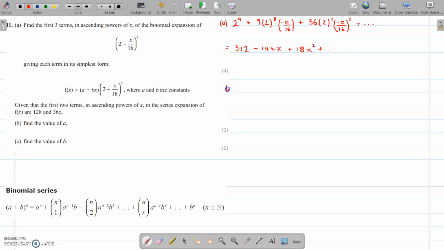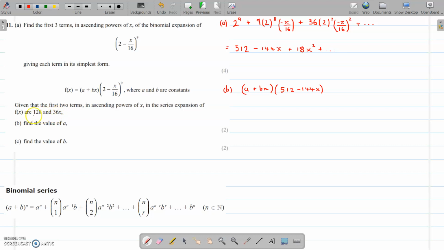So I'm going to do (a + bx), and that has to be multiplied by the first two terms of this expansion, the 512 and the minus 144x. Because I'm only interested in the first term of the expansion and the second term, which is the x term.